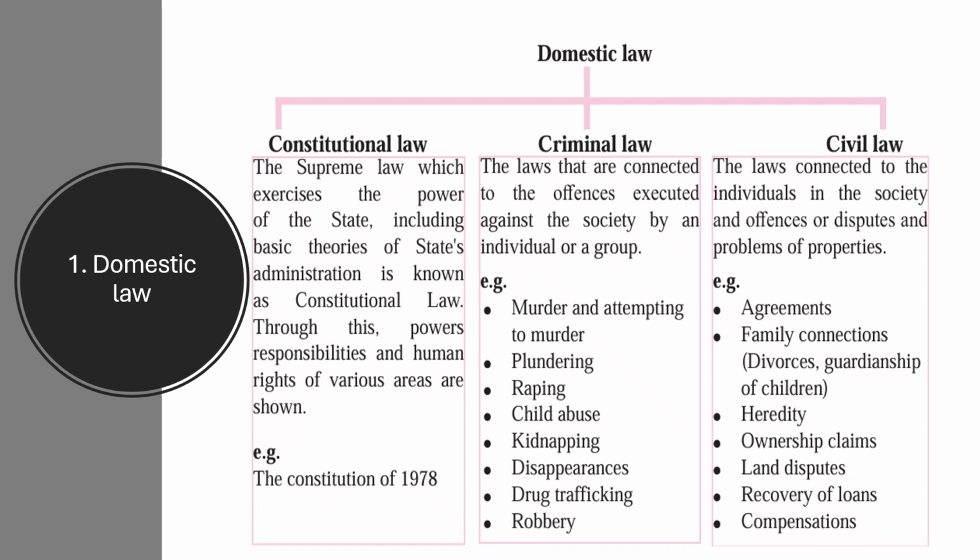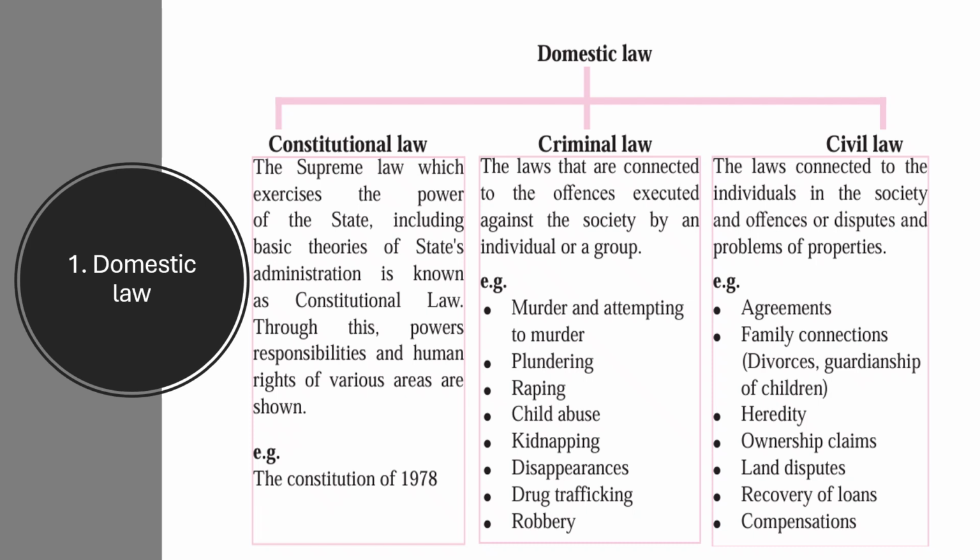Constitutional law is the supreme law which exercises the power of state, including basic theories of state's administration. Through this, powers, responsibilities, and human rights of various areas are shown. Example, the Constitution of 1978. Better study that.